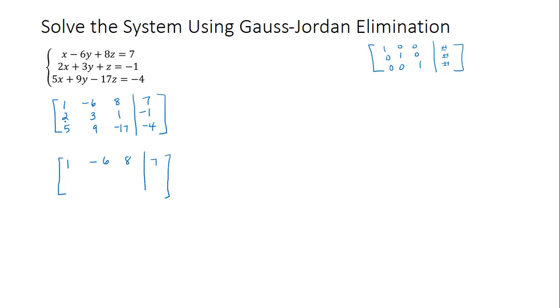And so to get a 0 where the 2 is, I need to add negative 2 to it. So we will add negative 2 times row 1 plus row 2 and replace that in the row 2. So negative 2 times 1 is negative 2 plus 2 is 0.